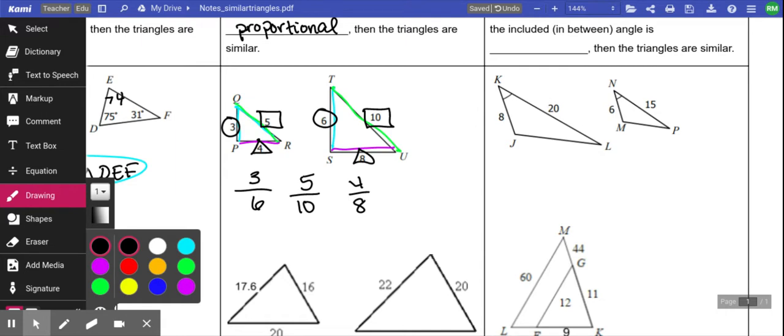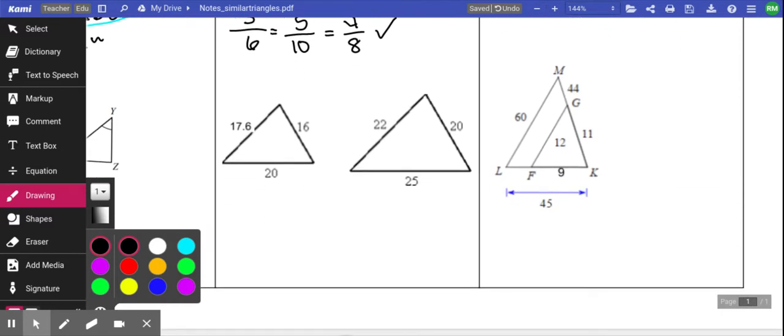You could have done it the other way, but just make sure that you stay consistent. If all the top numbers of the proportions come from the small triangle, all the bottom ones come from the large triangle. So you just want to stay consistent and then check. Do these equal each other? They do. So they're proportional, which means that these triangles are similar by SSS similarity.